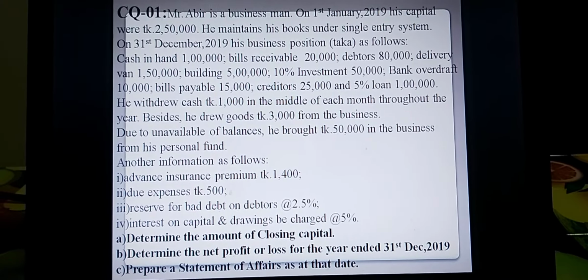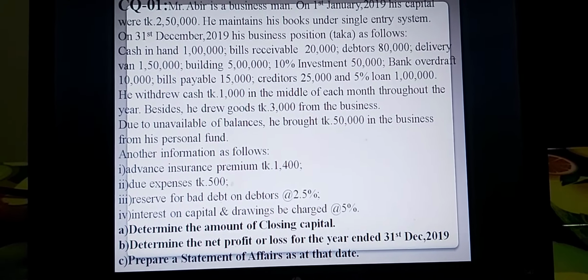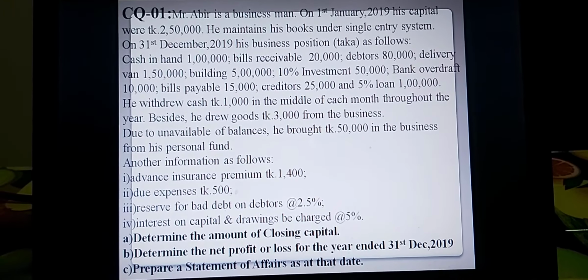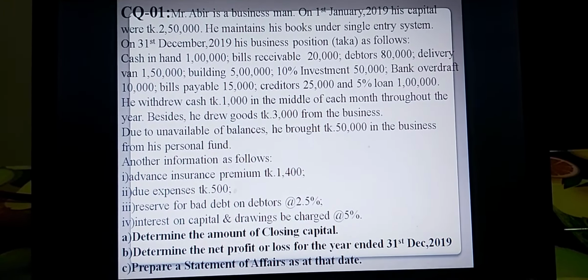Dear students, I think you have copied this question to your accounting practice copy. Now we can start to solve this question.